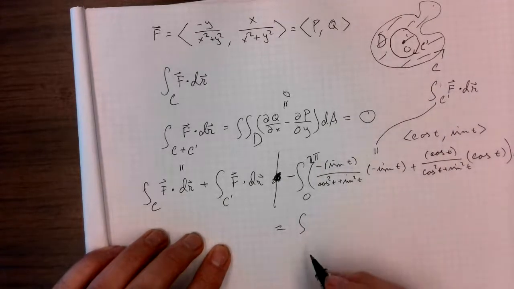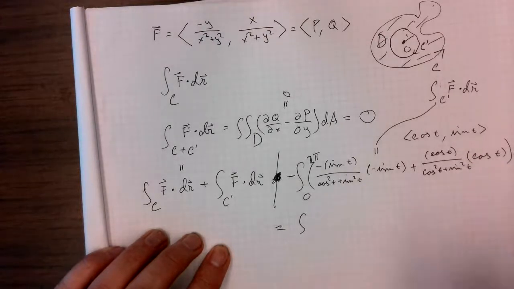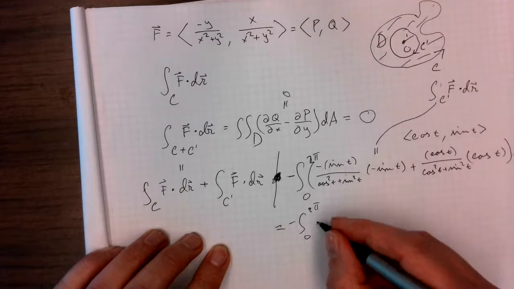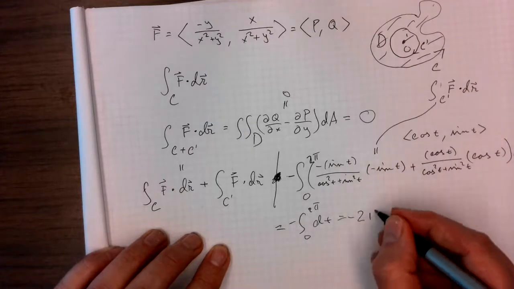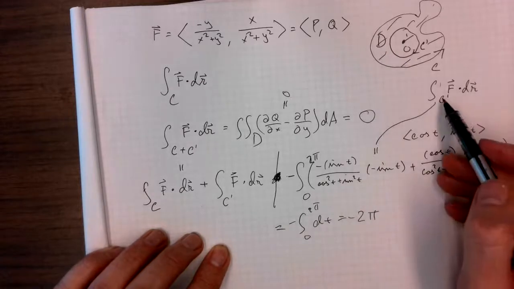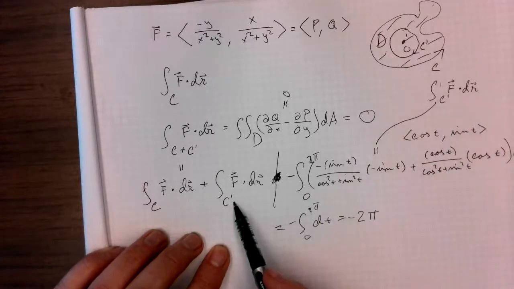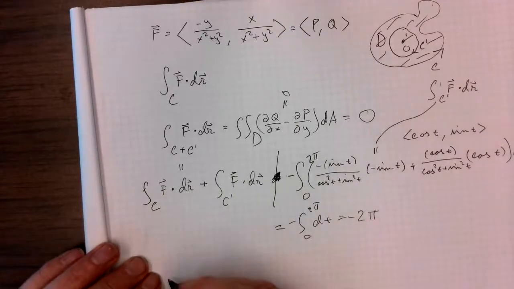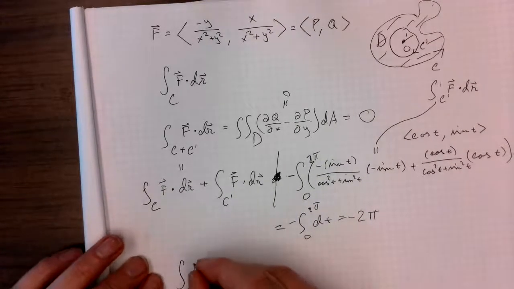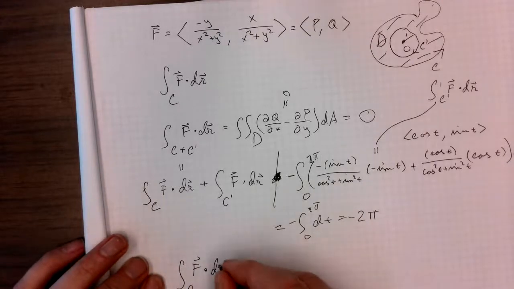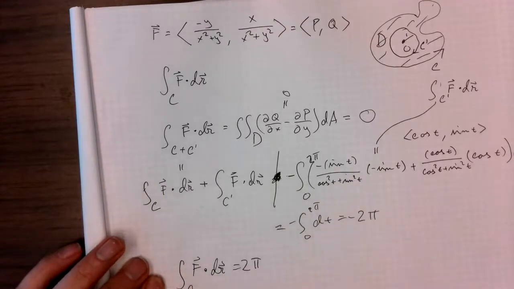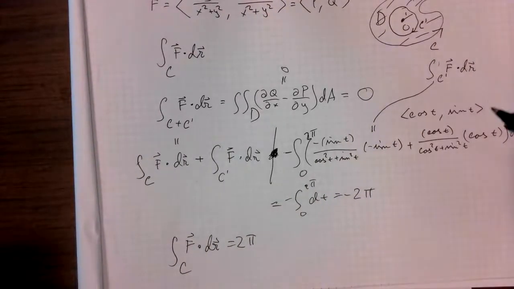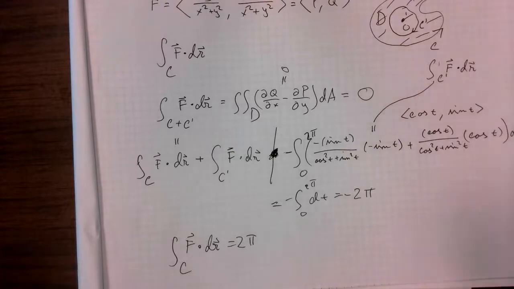So this is the integral from 0 to 2 pi of minus dt, so this is minus 2 pi. Well, if the integral over C prime is minus 2 pi, then for this to be 0, it must be that the integral over C is 2 pi. All right?